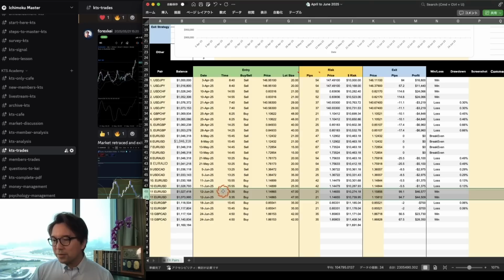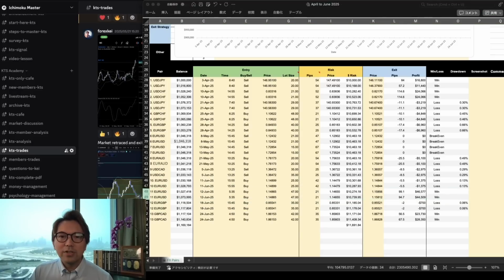But in the month of June, I remember the trends were happening in my Dubai time zone, so I was able to monitor and run profits and manage the stop losses to trail the profits. So for the Euro USD that I took on the 12th of June, let me show you the screenshots. And it's important to always keep screenshots like this.